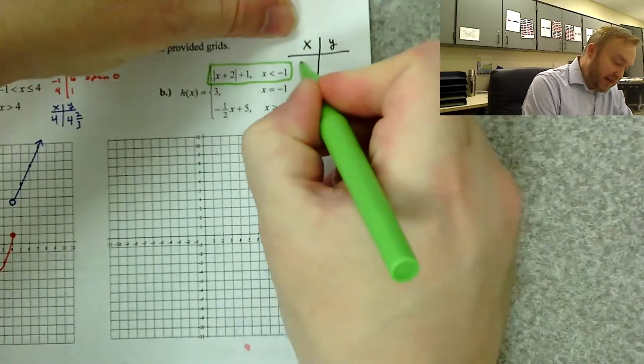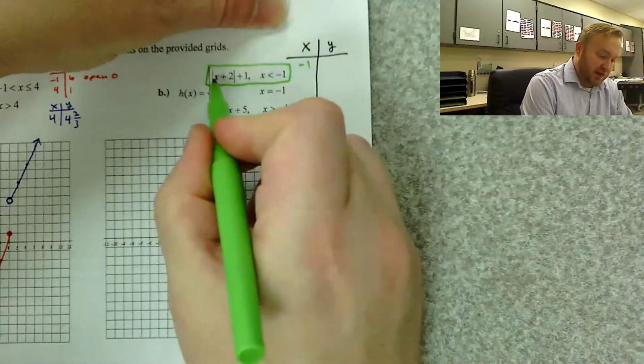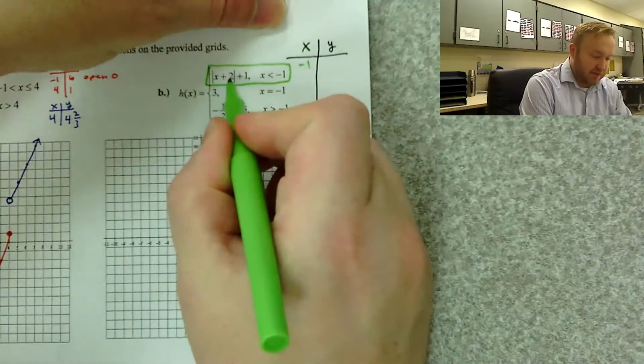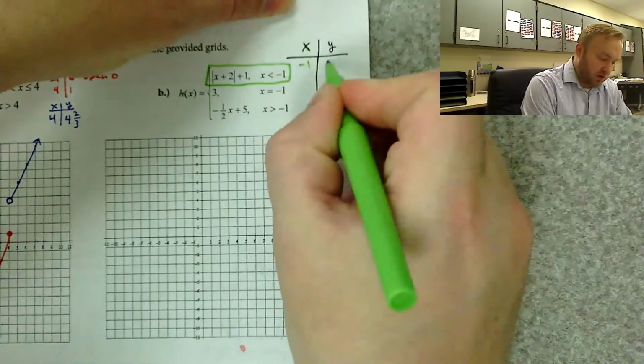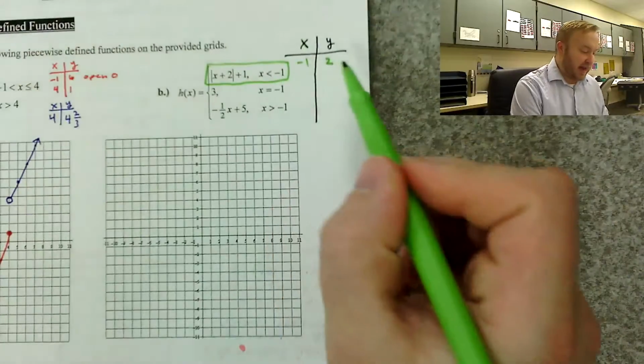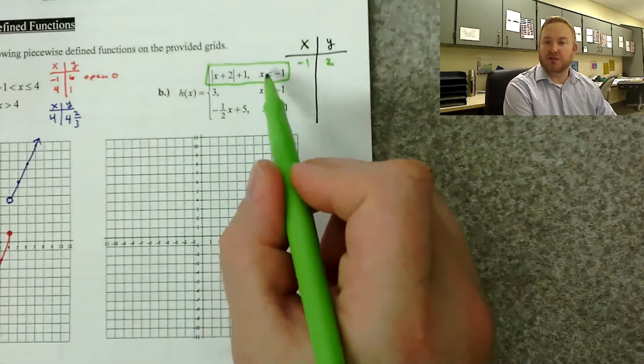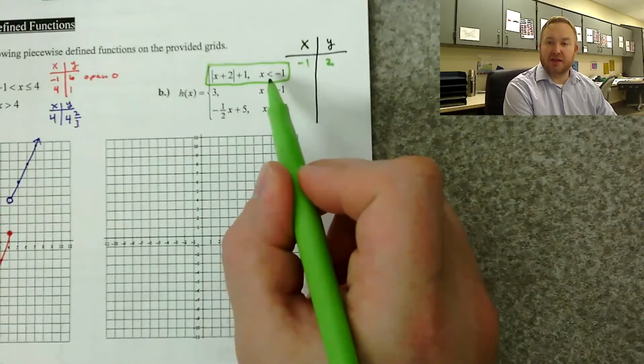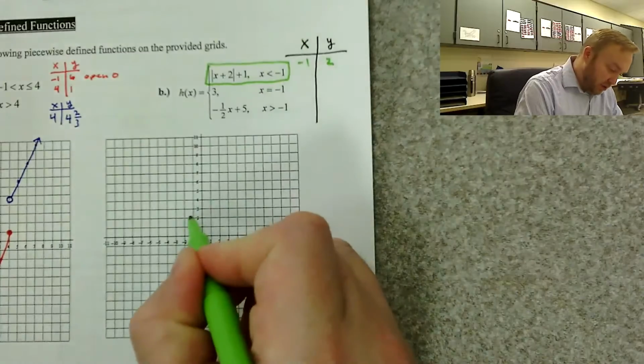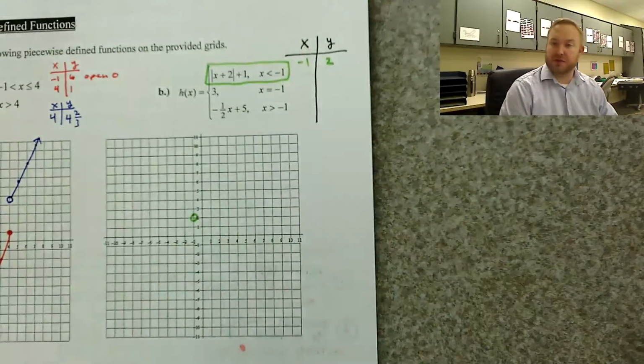If I plug -1 into this first piece, -1 plus 2 is 1, absolute value is 1, 1 plus 1 is 2. So I'm going to have a point at -1, 2, and I have to think whether it's going to be open or closed. -1 is not included in this domain, so -1, 2 is an open circle.